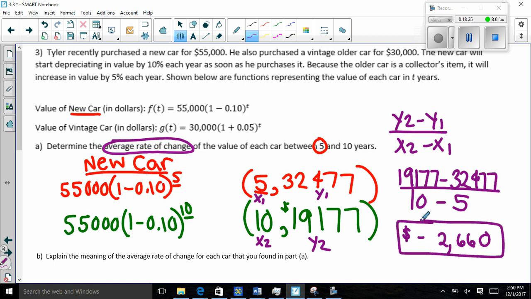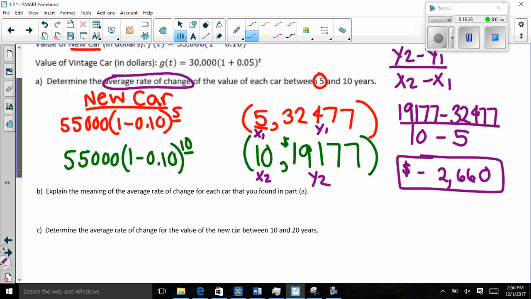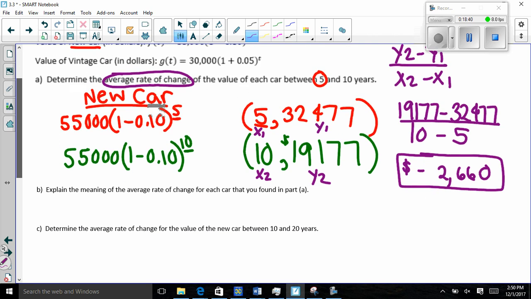by that much money. So when I explain the meaning for this part, I'm only doing the new car right now because of time.